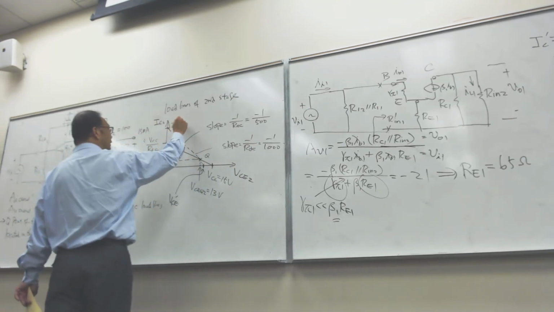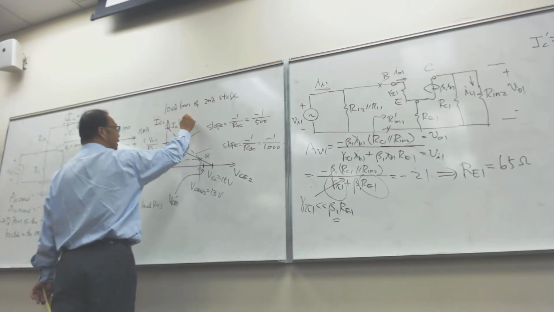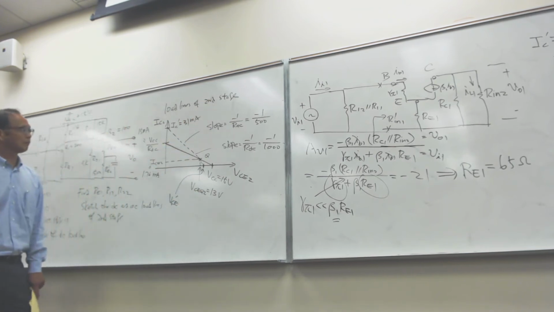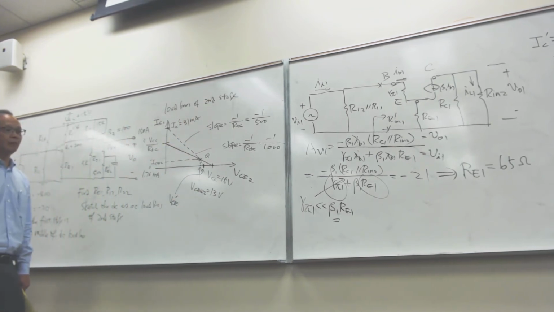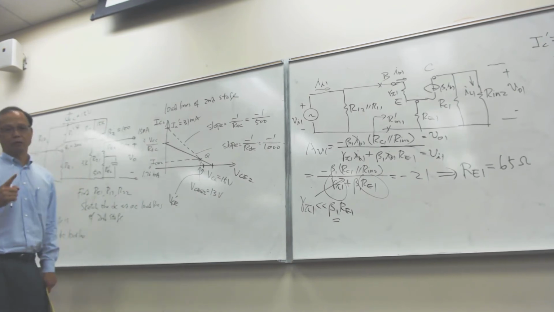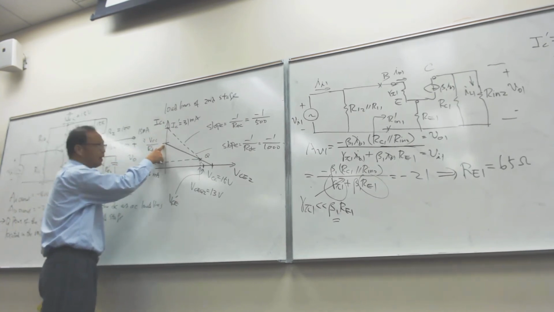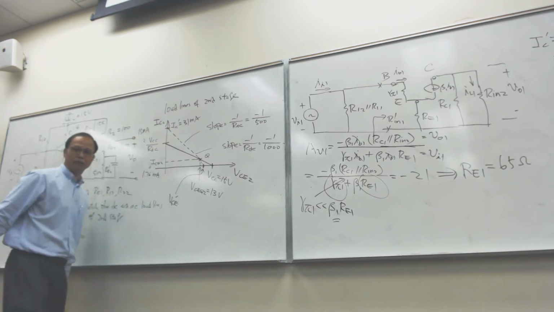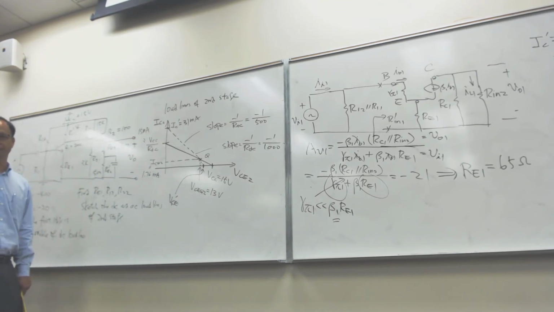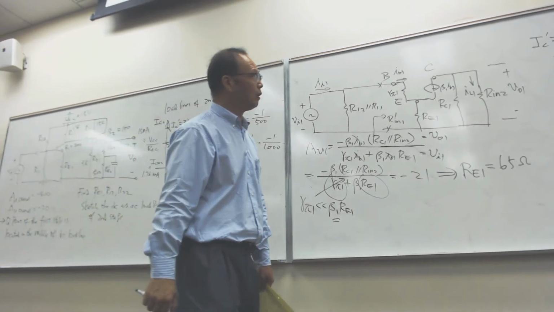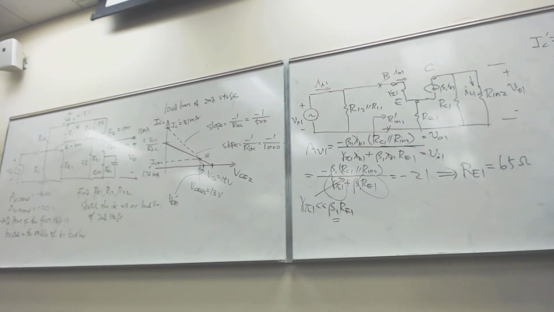Anyway, this is about 31 milliamp. You should also double check your answer, because that value must be larger than that. If you have a value that's less than that, then you know that's a mistake. Now, VCEQ is 15 and not 13? Oh, yeah, I'm sorry, this is 13. Anyway, it was 31.